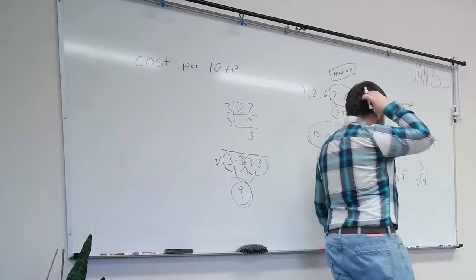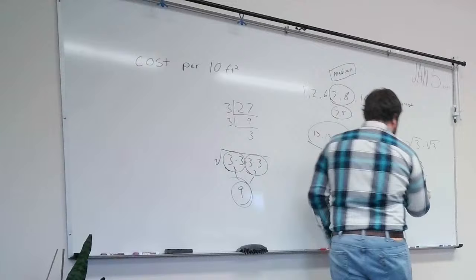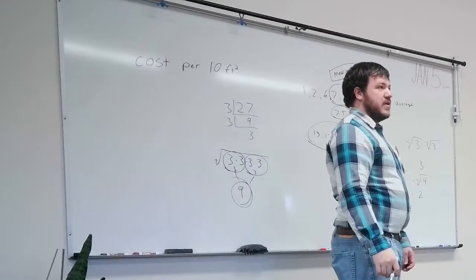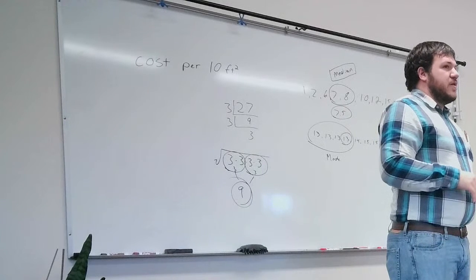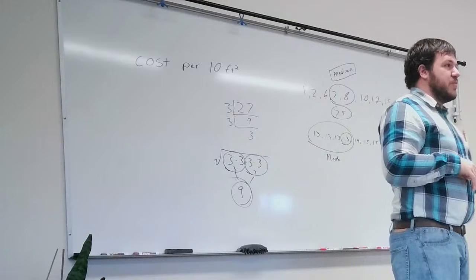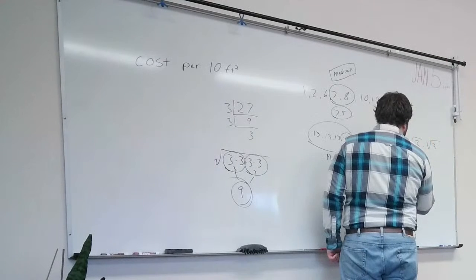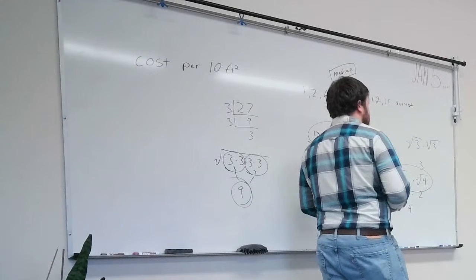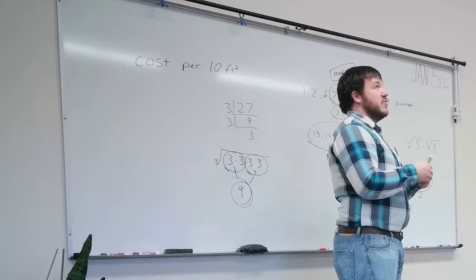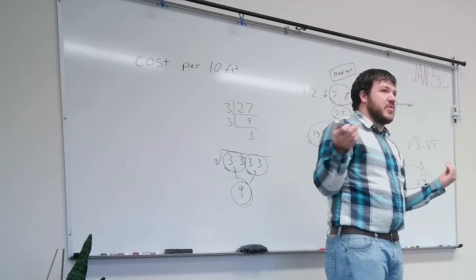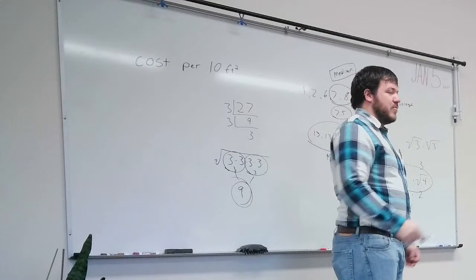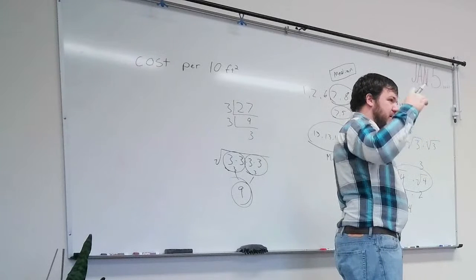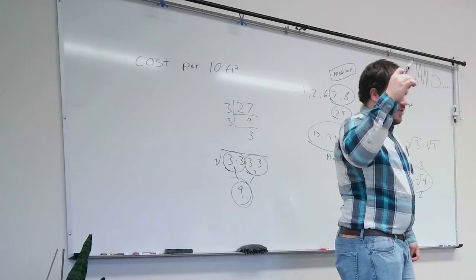We can go 2 and 2, and that equals 4. The reason that works is a square root is simply the reverse of squaring. It's like splitting a number into two equal parts. So if you multiply a root by a root that's exactly the same, it's going to cancel out.